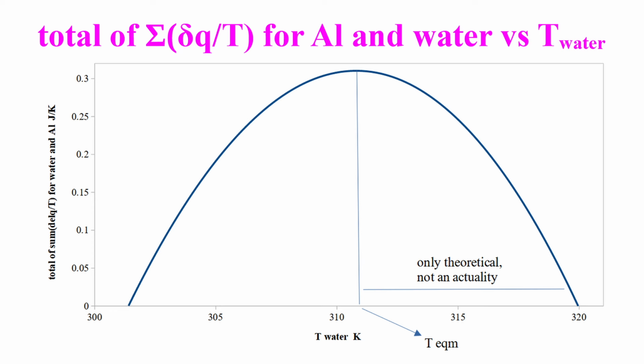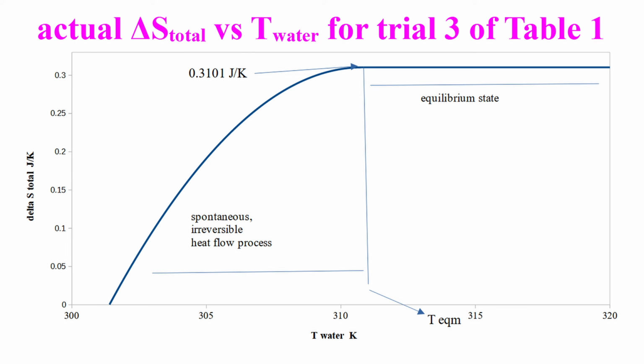The same kind of graph is obtained if one considers dT corresponding to the reversible path instead of delta T. Thus, delta S total for aluminum and water taken together keeps increasing initially.